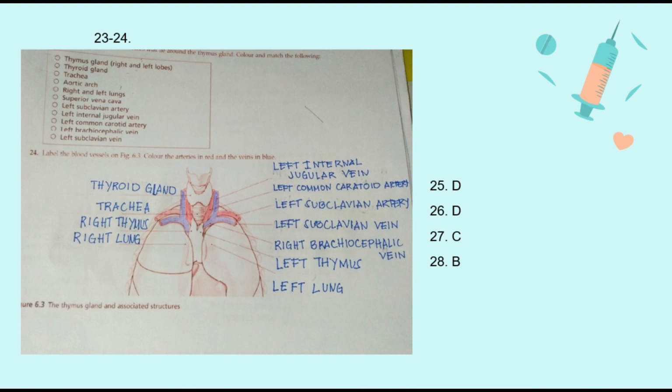Our answer is thyroid gland, trachea, right thymus, right lung, left internal jugular vein, left common carotid, left subclavian artery, left subclavian vein, right brachiocephalic vein, left thymus, left lung. And the red one is the arteries and the violet one is the veins.